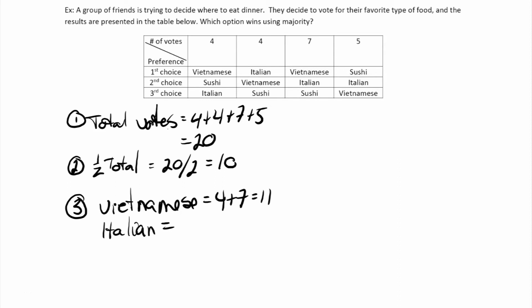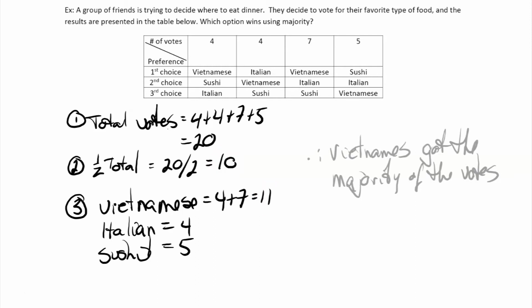Italian, they were ranked number 1 on only one type of ballot, and they got 4 votes. And sushi, same thing, was only ranked number 1 on one type of ballot, and they got 5 votes. Given those results, since Vietnamese got 11 votes, and that is more than the threshold of 10, we can conclude that Vietnamese got the majority vote, and is therefore the winner.